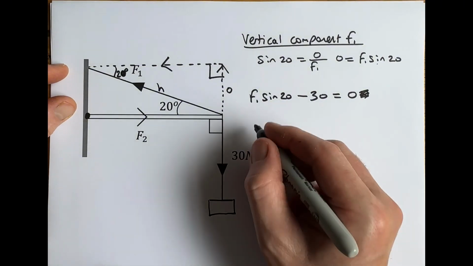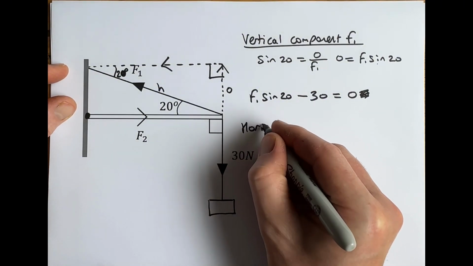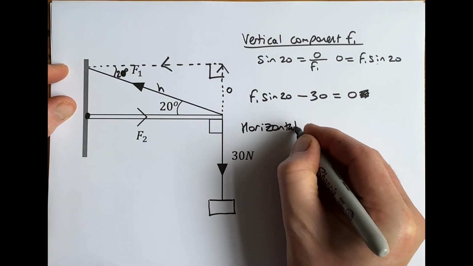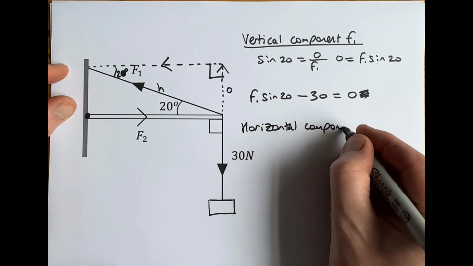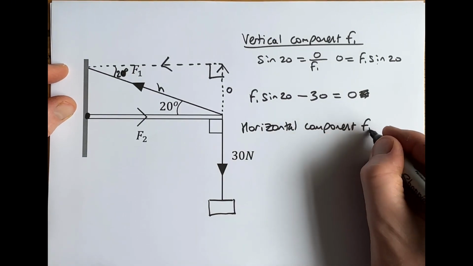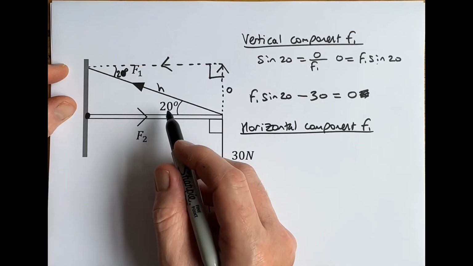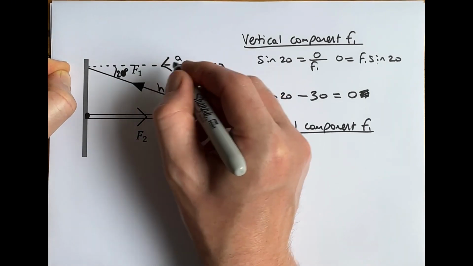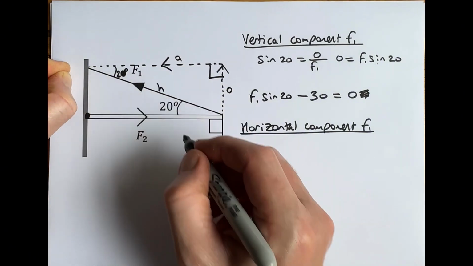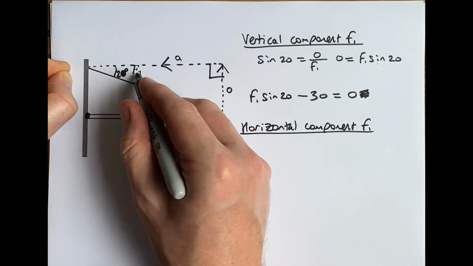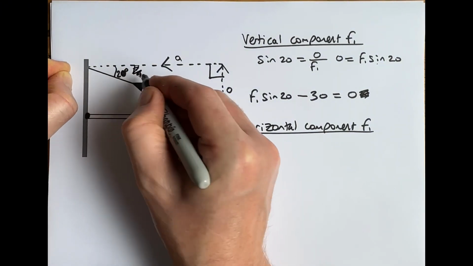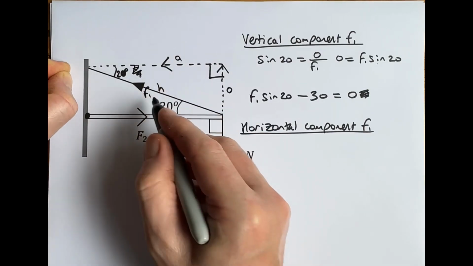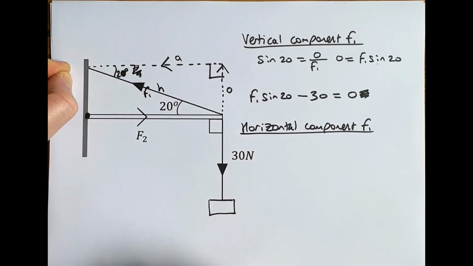Now, if we consider the horizontal component of F1, okay, horizontally, this is the adjacent to this 20 degree angle, and obviously F1, which is written in somewhat of an awkward place, so if I just move that to there, F1 is the hypotenuse.